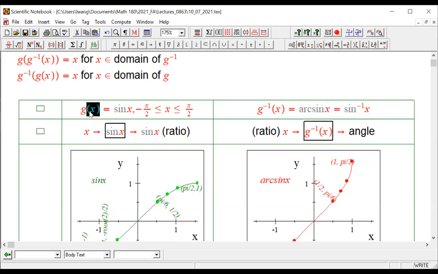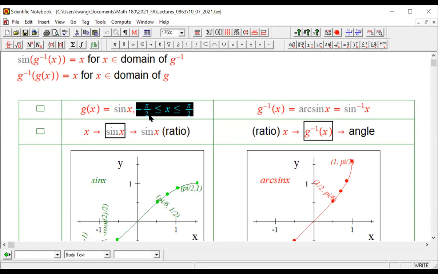What is our G? G is sine. You guys see that? But this sine has a restriction, and that also comes with it.